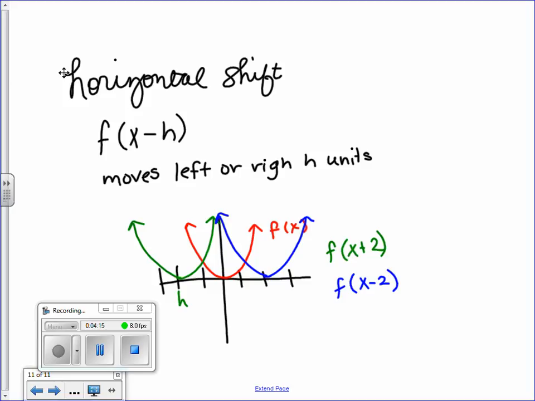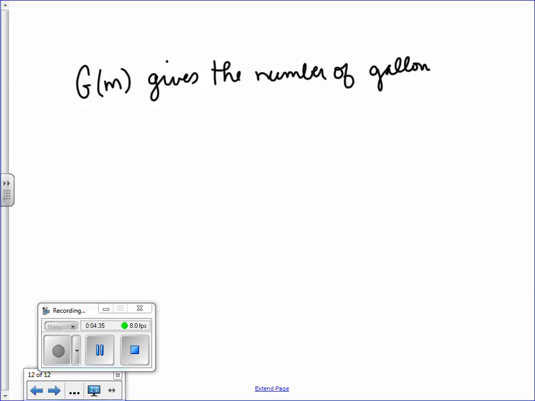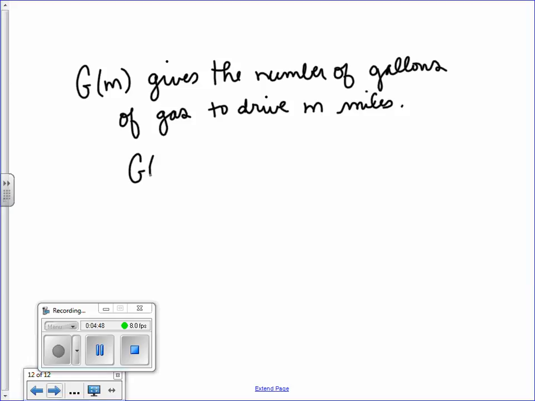All right, we're going to look at this as a real life problem. See what the difference is, okay? g of m gives the number of gallons of gas required to drive m miles.